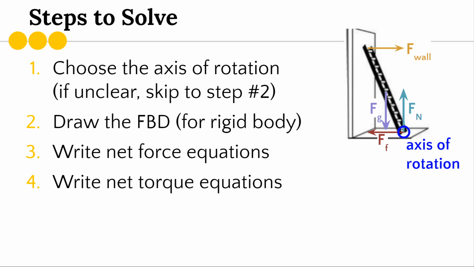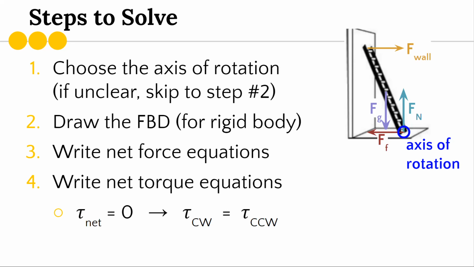So step 4, when you're analyzing one of these rotation problems, is to write your net torque equations. Your net torque is also 0 because we don't have any rotation here. That means that any torques in the clockwise direction have to be equal to any torques in the counterclockwise direction.